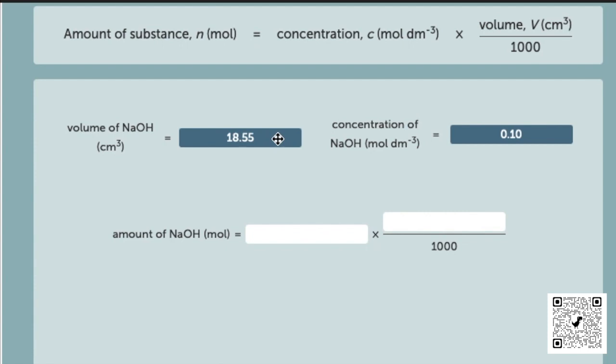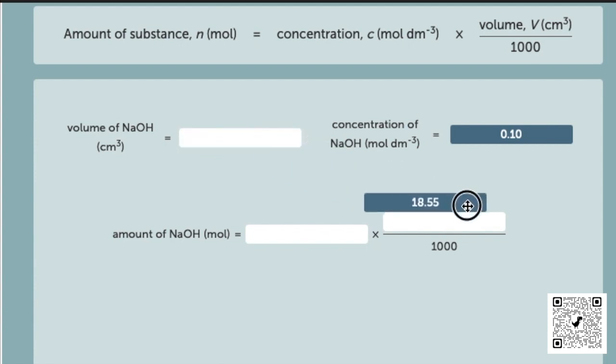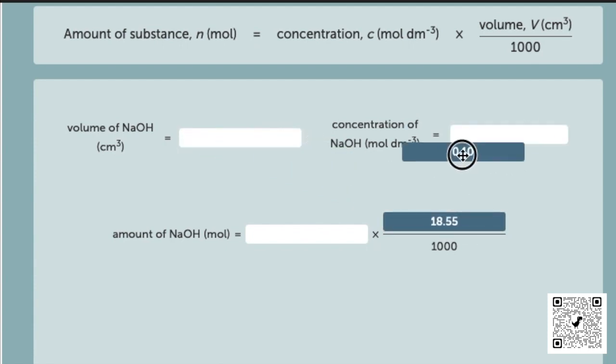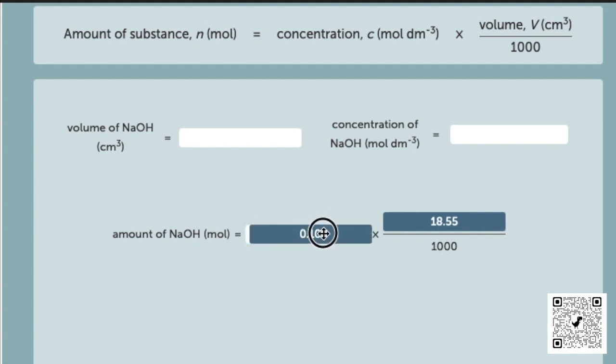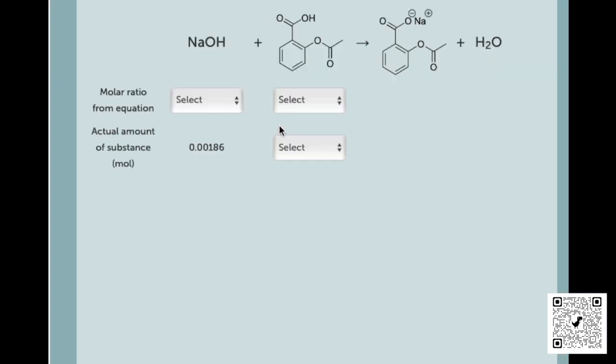Last part is titration analysis. First of all, calculate the amount of moles of NaOH using the initial concentration of NaOH solution and the volume added. Next, let's identify the molar ratio from the equation, 1 to 1.